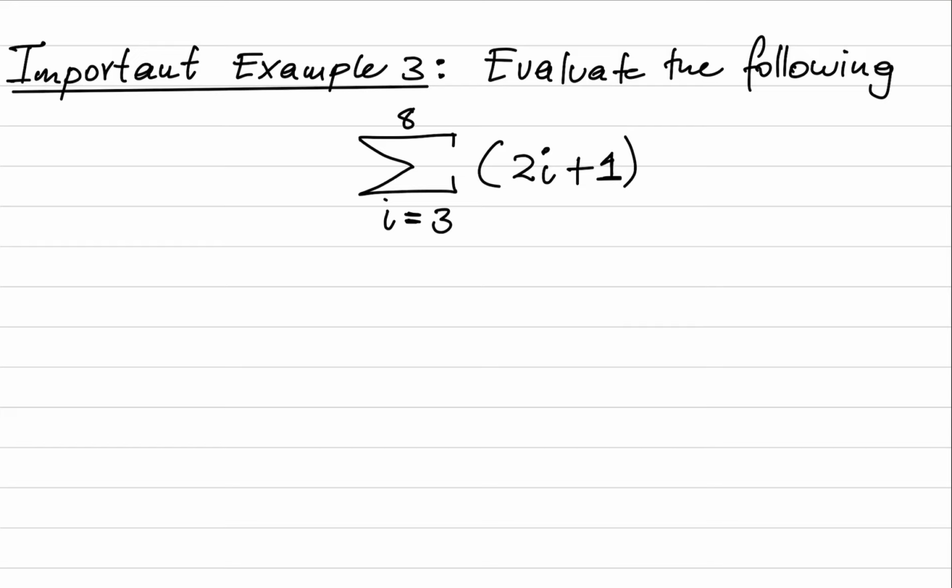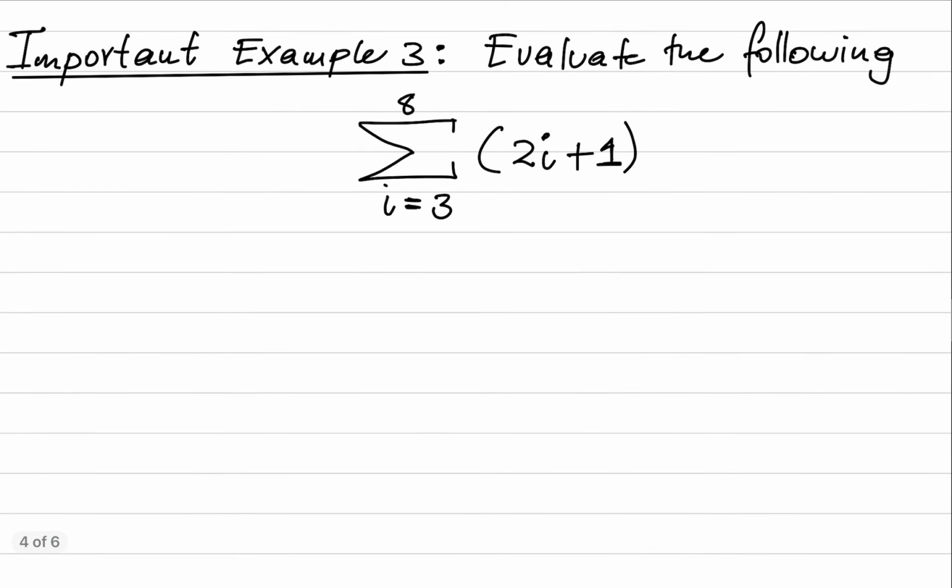I hope you have attempted important example 3. So this is how we solve it. Now, we can clearly see that our position is 3. All right, it doesn't start from 1. So I'm going to start with that note first.